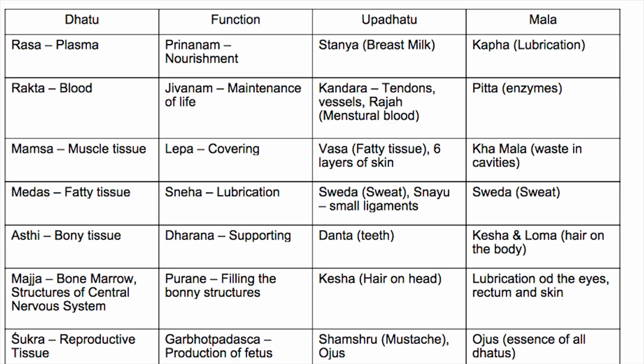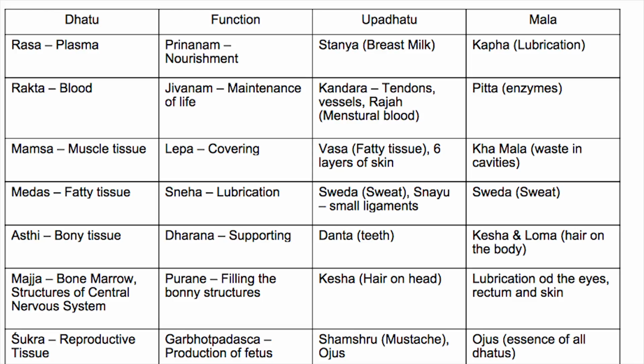This process of nourishment is where the 6 layers of skin are produced and constantly nourished. And the waste product produced in this process is the kamala, or the waste that is located in cavities. We have a certain amount of moisture that accumulates in open cavities in the body, and that is known as the kamala. Ka is another word for the space element.